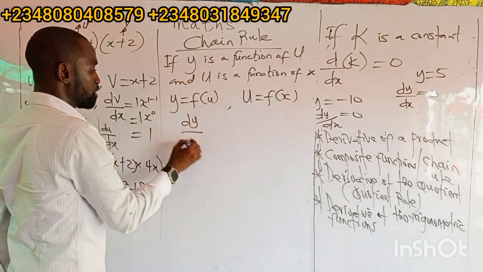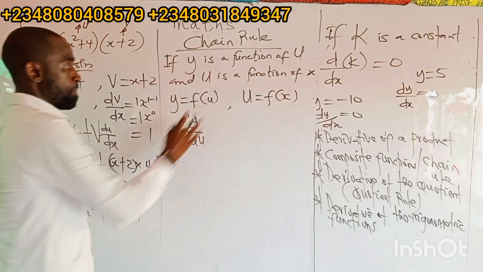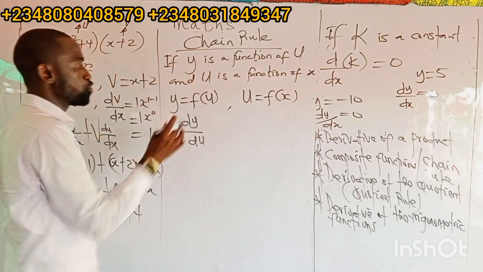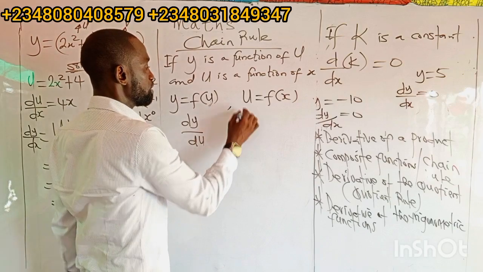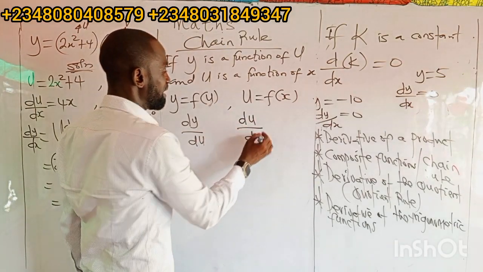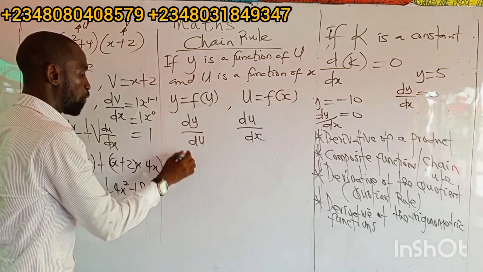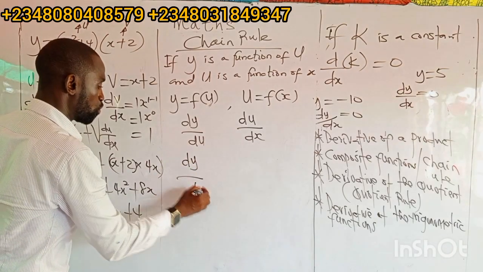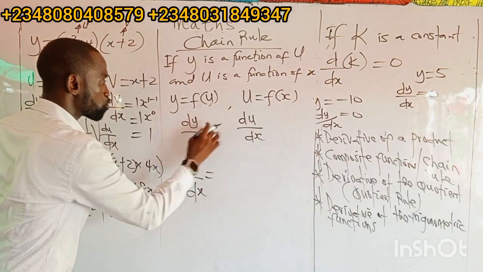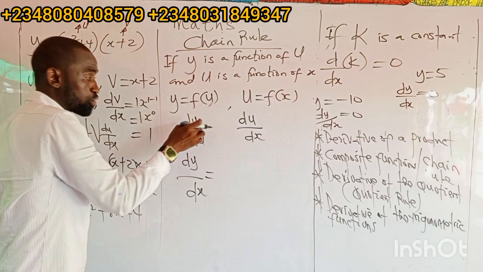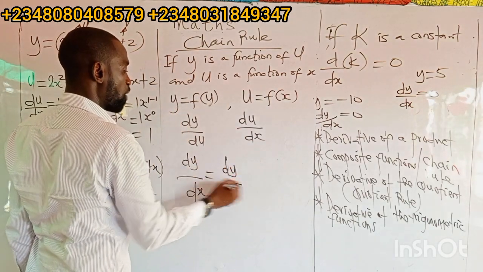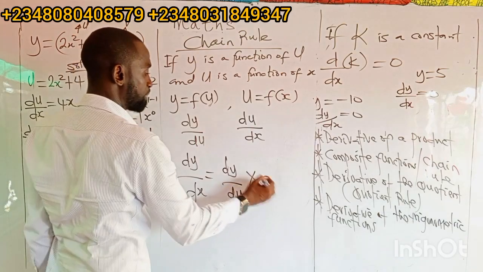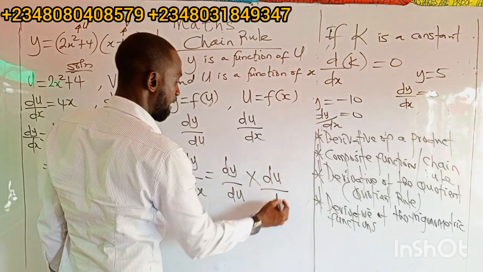Here we're looking for dy/du, because y depends on u. Then u depends on x, so we're looking for du/dx. We have to find dy/dx. What are we going to do? We just multiply these two derivatives: dy/du times du/dx.